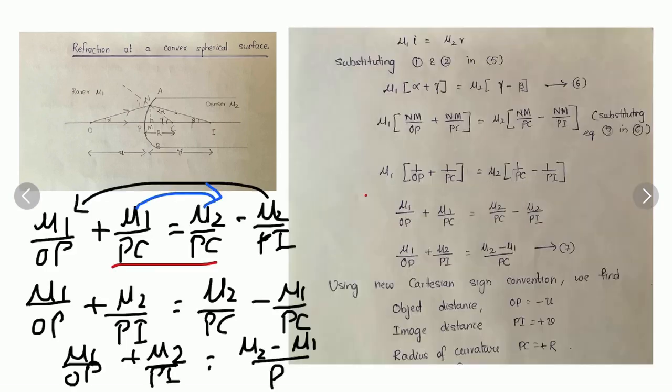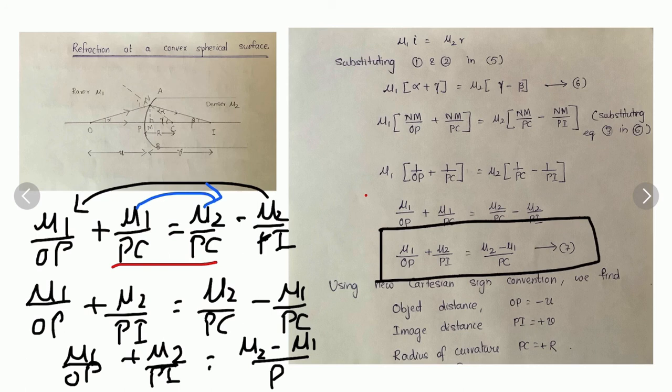Using all these things, OP is equal to minus U, Pi is equal to V, Pc is equal to R, substituting in equation number 7. Equation number 7 is mu 1 by OP plus mu 2 by Pi is equal to mu 2 minus mu 1 by Pc. So let us substitute all these values here.